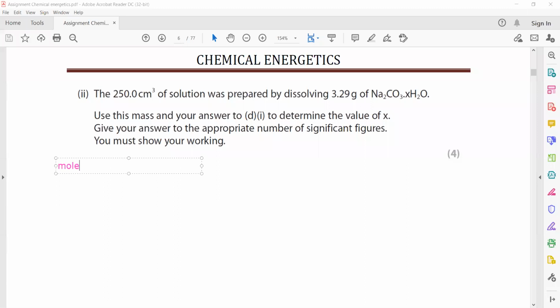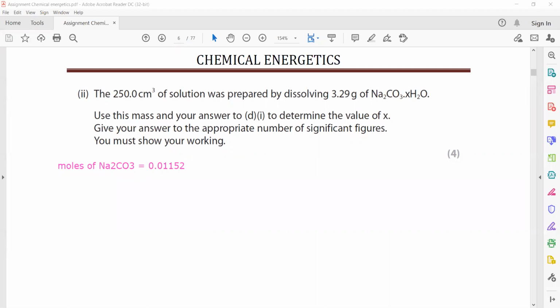In the last part, we found 0.01152 moles of sodium carbonate.